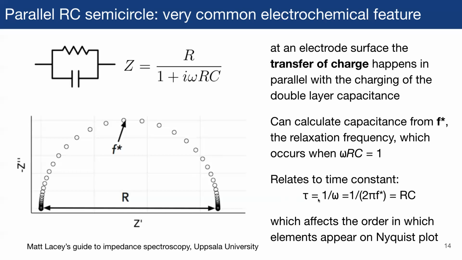And so the time constant then affects the order in which these elements appear. So if you have a few of these in series, a longer time constant, or basically a lower frequency, will get you further out here, and a higher frequency or a smaller time constant will get you down here.